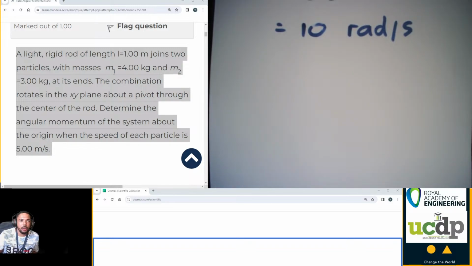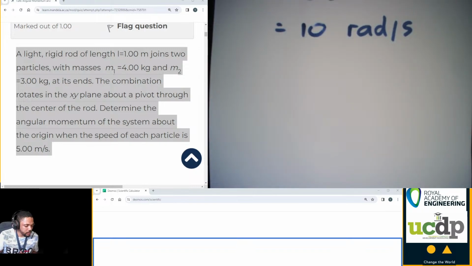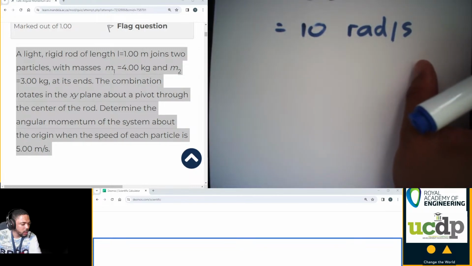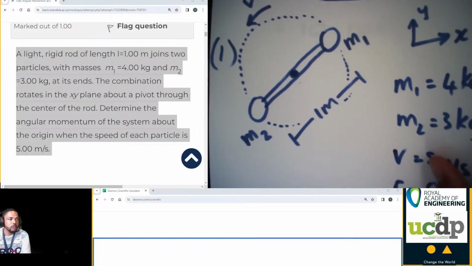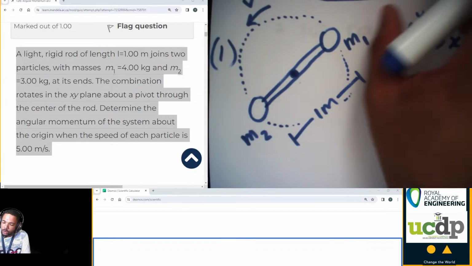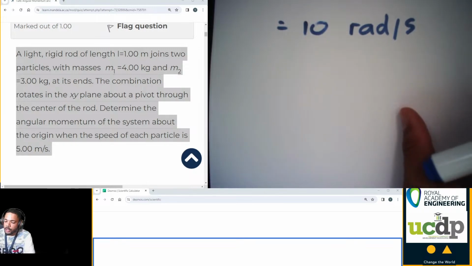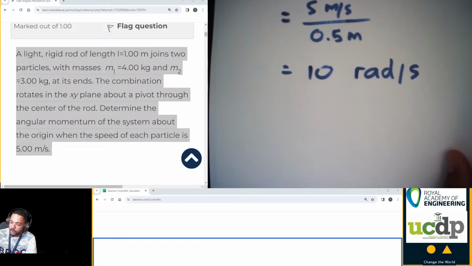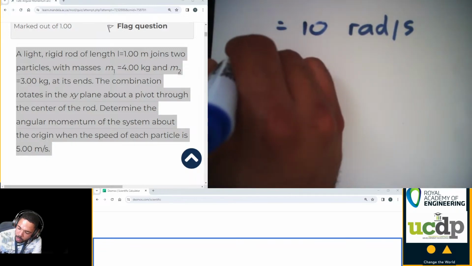Now the moment of inertia for M1. Now remember, we have two masses, M1 and M2. In order to calculate that angular momentum, we need to calculate the moment of inertia for both of those masses.